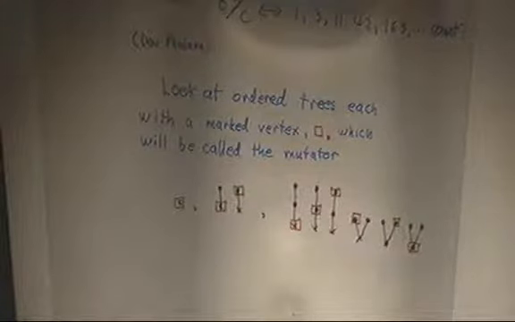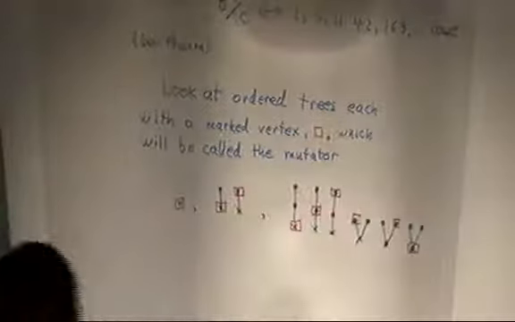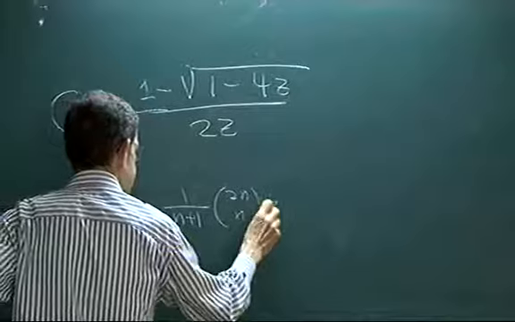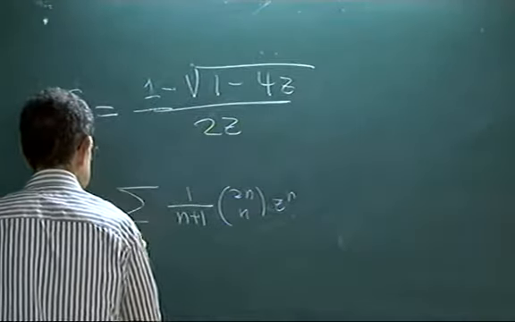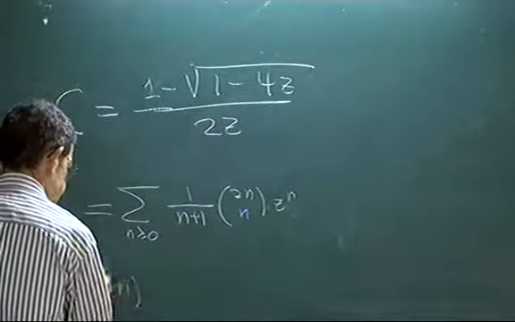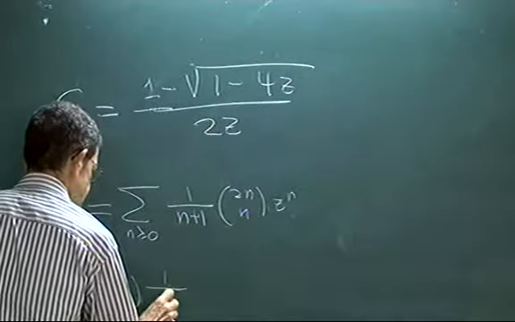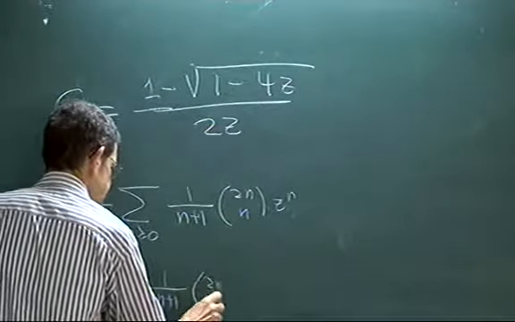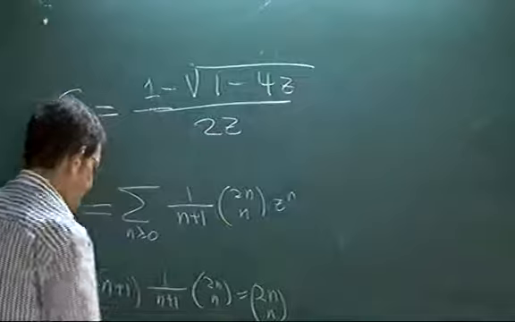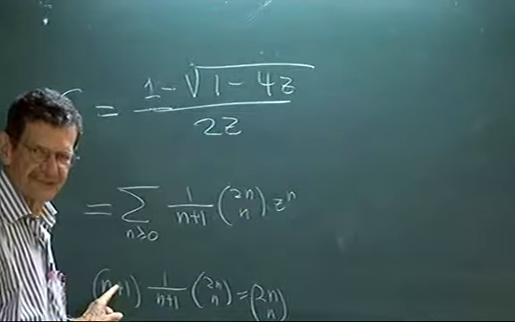The number of ways to pick a mutator is b, and the basic reason is that if you have a tree with n edges, you'll have n plus 1 vertices.